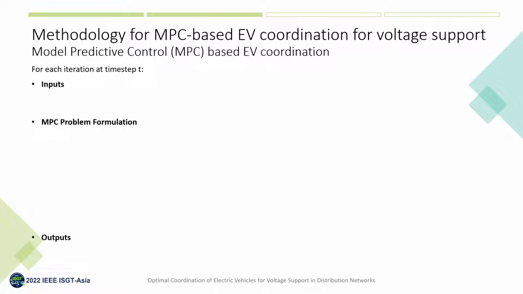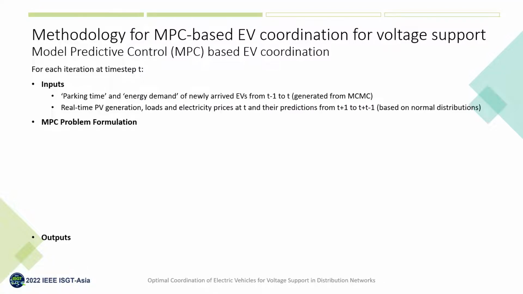The input includes the EV driver information generated from the driver model and the real-time grid side information including solar generation, loads and electricity prices, and predictions for the total time window generated based on normal distributions.